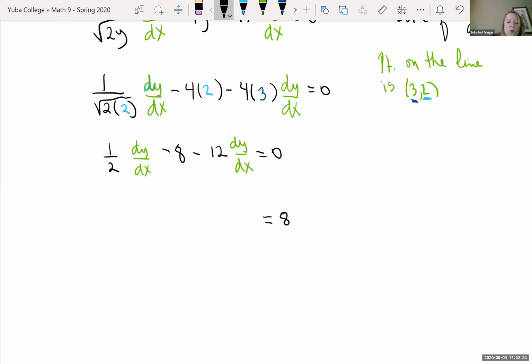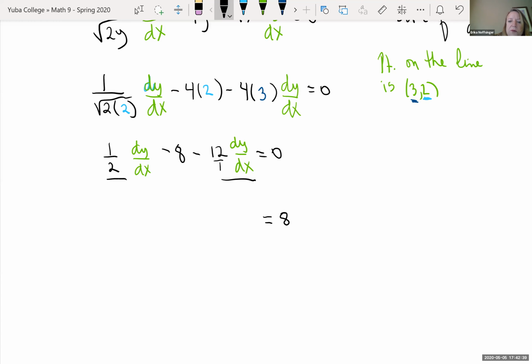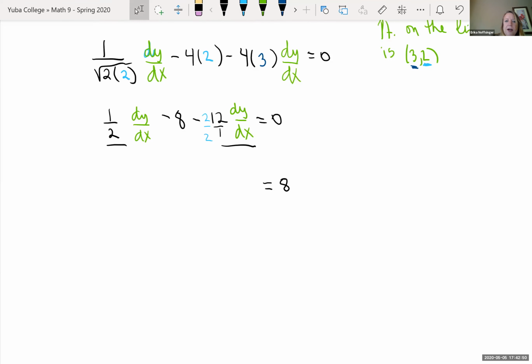And so I really have a 1/2 dy/dx minus a 12 dy/dx. So technically, we can think of this as like terms. I need a common denominator though in order to add those. And so I could multiply this 12 over 1 by 2 over 2. So I really have 1/2 dy/dx minus 24/2 dy/dx. Well, 1 minus 24, that's a negative 23.